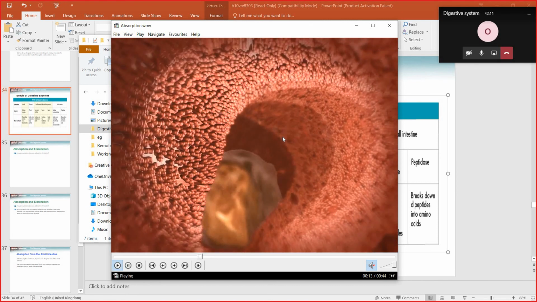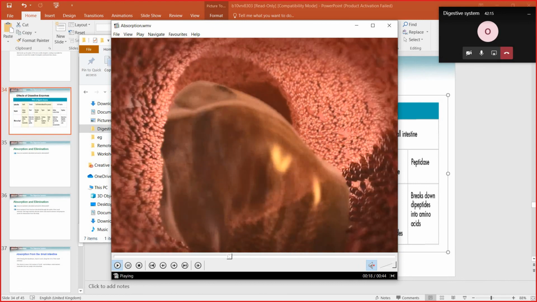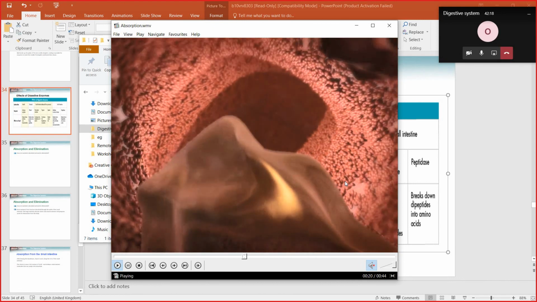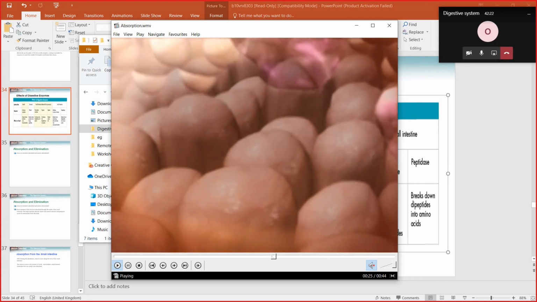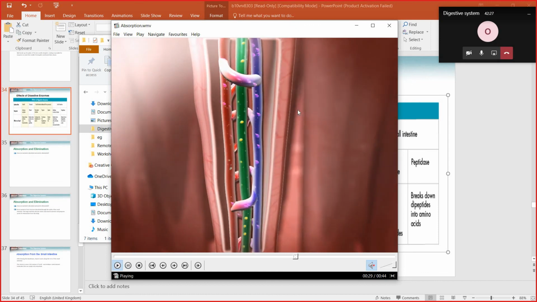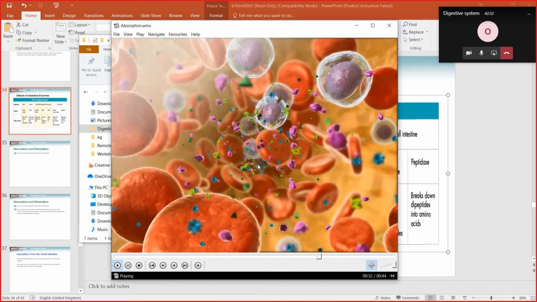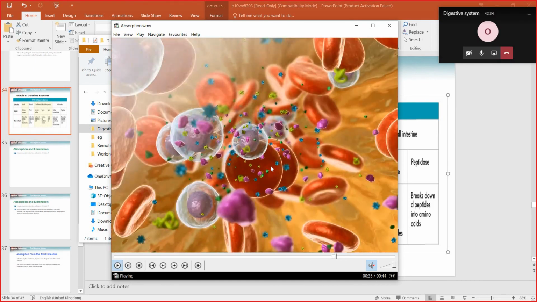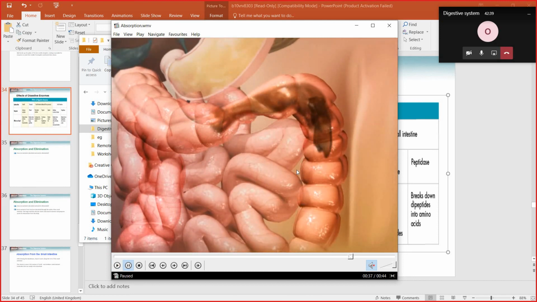These villi have many blood capillaries to absorb and take in the materials and the nutrients like amino acids and monosaccharides. As you can see here, these are the blood capillaries, and the blood gets from the small intestine the nutrients that were already digested, and the remaining, as we said, go to the large intestine, to get out of our body as feces.